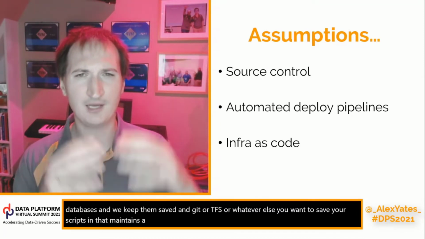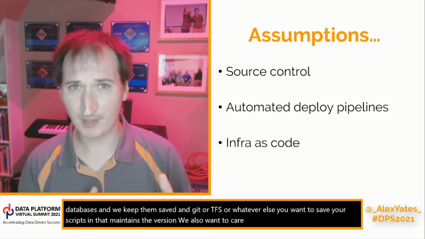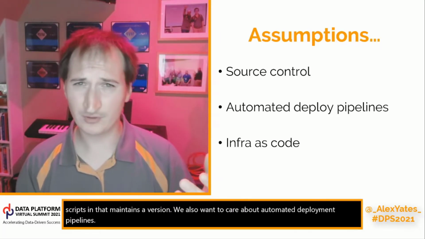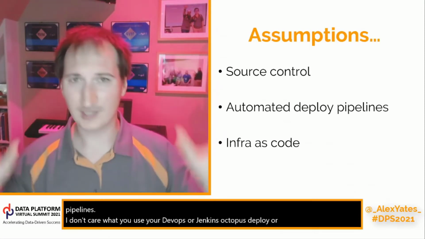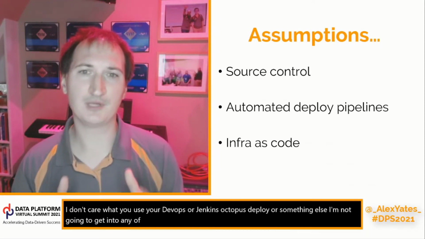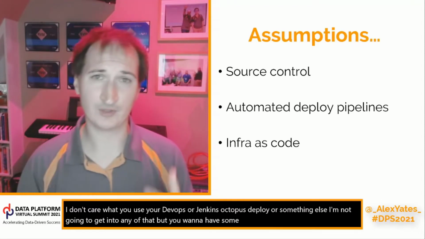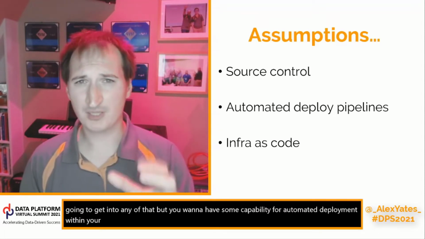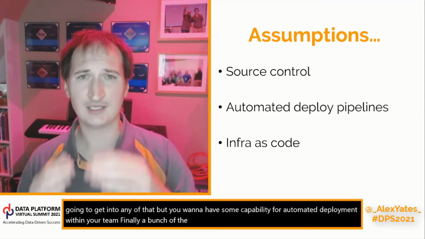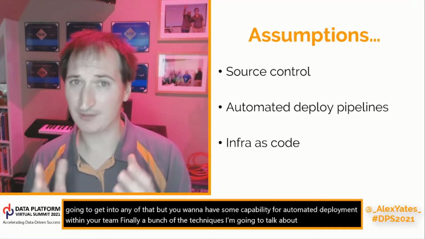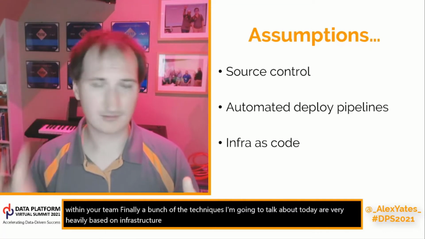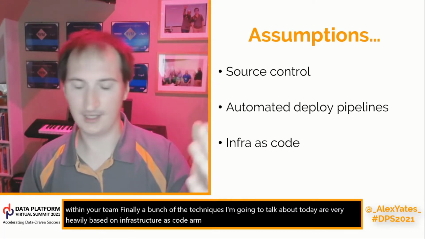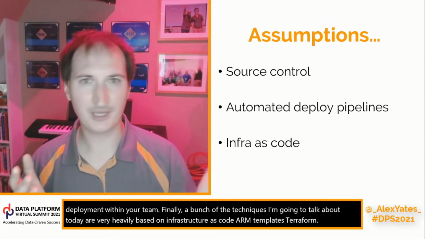We also want to care about automated deployment pipelines. I don't care whether you use Azure DevOps or Jenkins or Octopus Deploy or something else. I'm not going to get into any of that, but you want to have some capability for automated deployment within your team. Finally, a bunch of the techniques I'm going to talk about today are very heavily based on infrastructure as code: ARM templates, Terraform, CloudFormation.